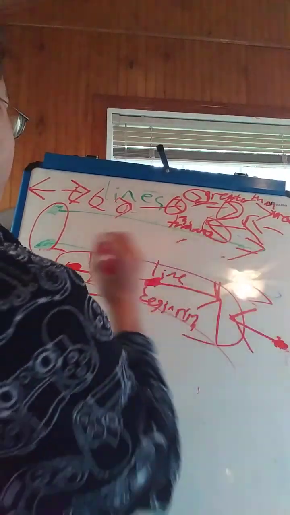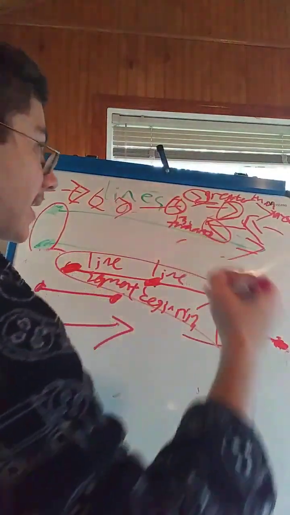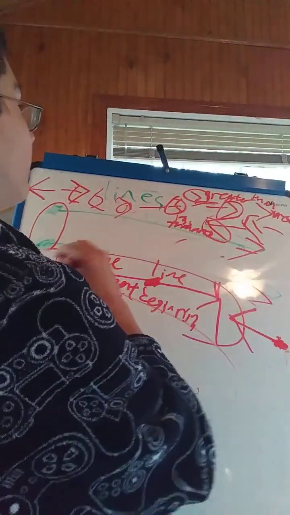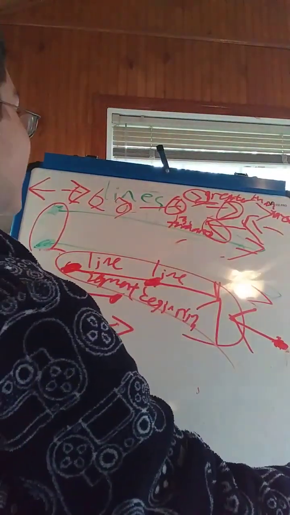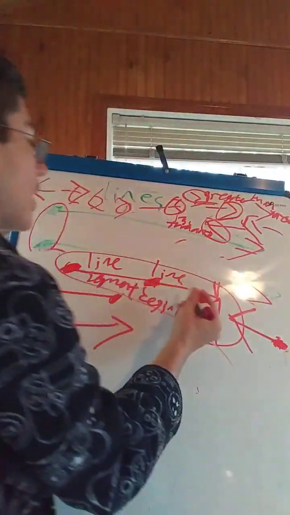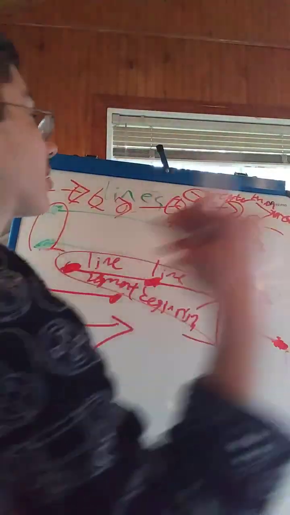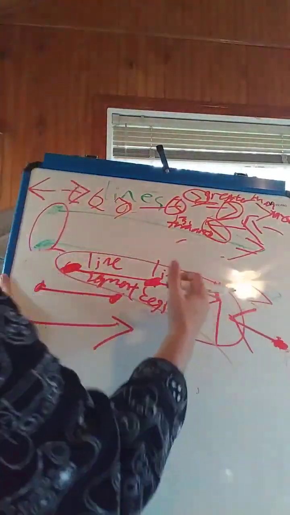If this is going right, this is the beginning. If it's going left, this is the ending. But this arrow over here, now that we have this line, symbolizes going on and on, and it doesn't end here.